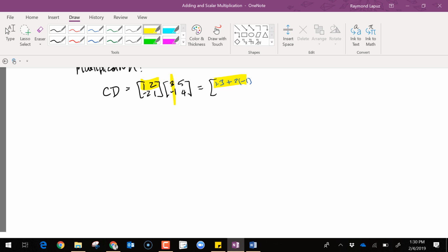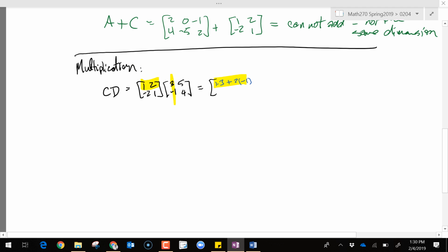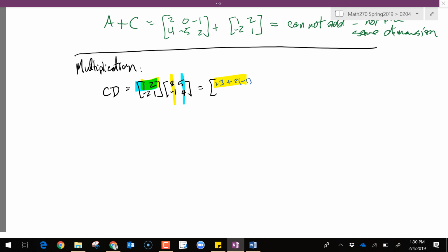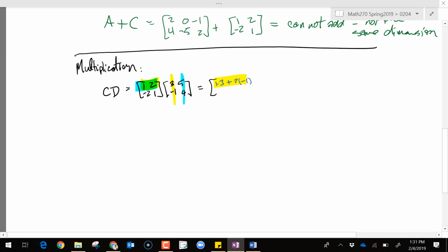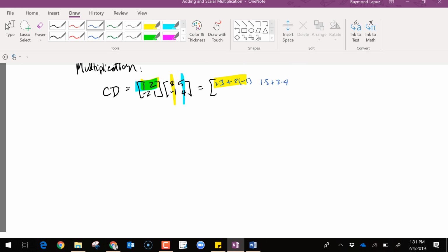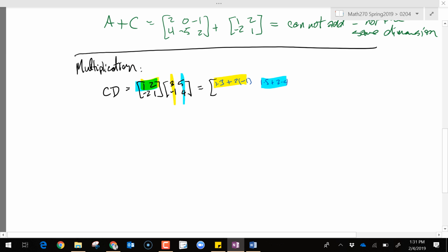Okay, and then you take the row and a different column, and you do that multiplication. So in that row and column combo, you're going to get 1 times 5 plus 2 times 4. So look at what's happening here before we go on.